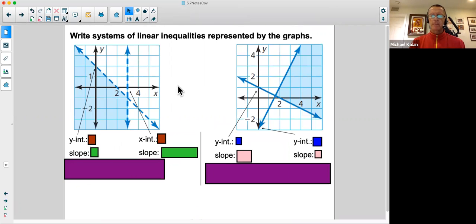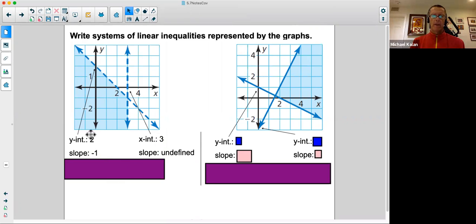Okay. So go ahead and try these and see how you do. Okay, so hopefully you got a y-intercept of 2, a slope of -1, vertical line, so it's going to be an x-intercept of 3, and a slope of, obviously undefined, it's vertical.